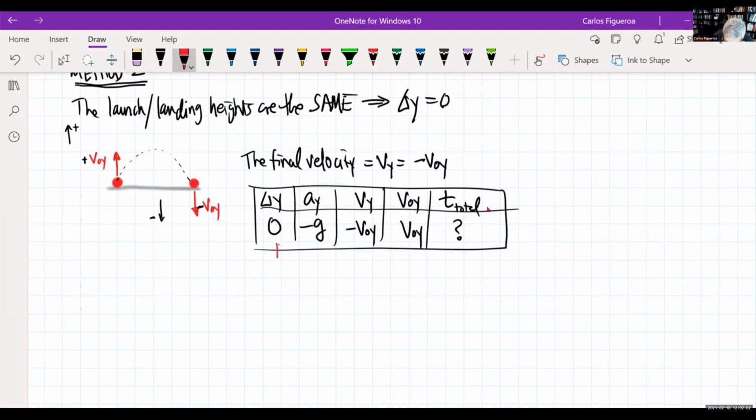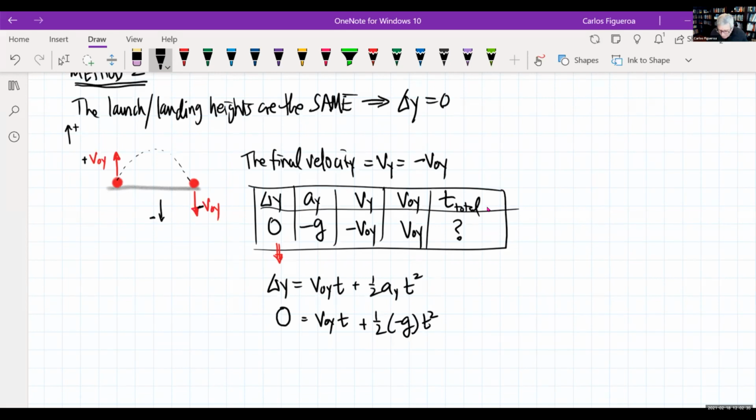And the equation to really do this with, there's only one: delta y equals v initial y t plus 1/2 a_y t squared. So look what happens here. Note that this is 0, v initial y t, and then this will be 1/2 minus g t squared.